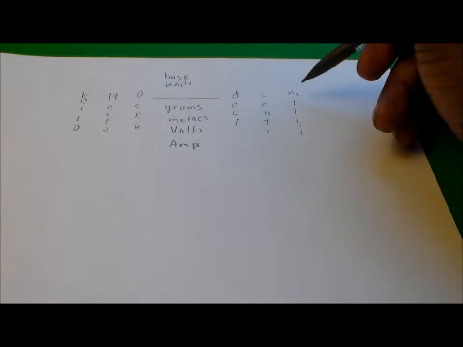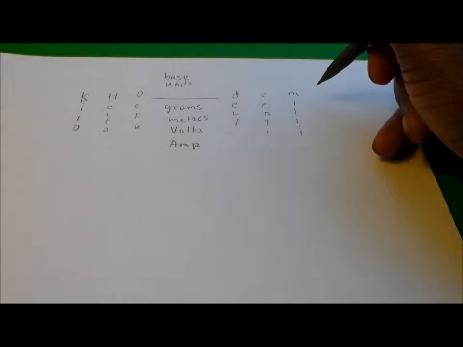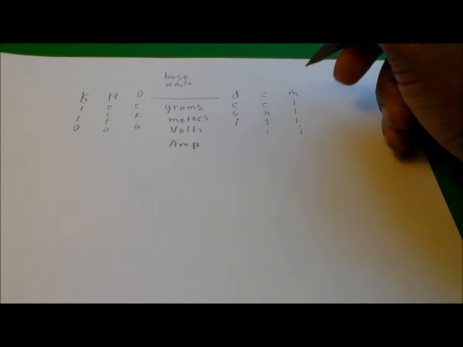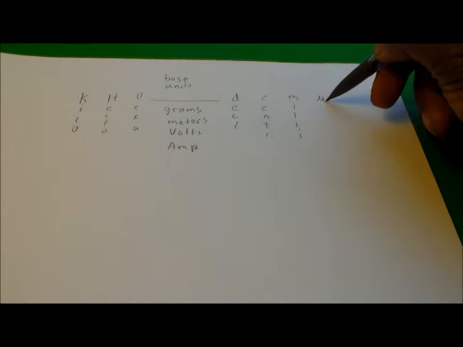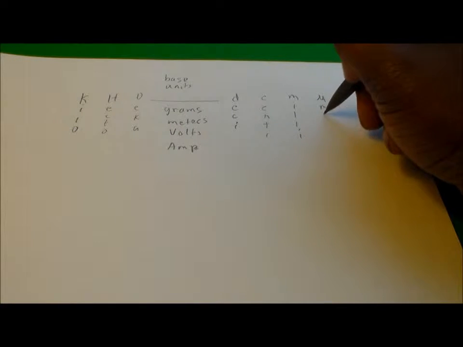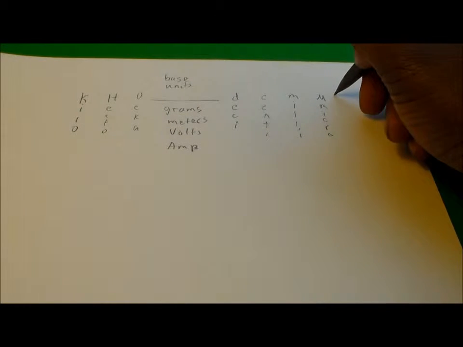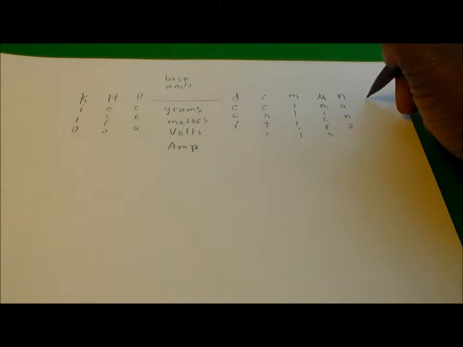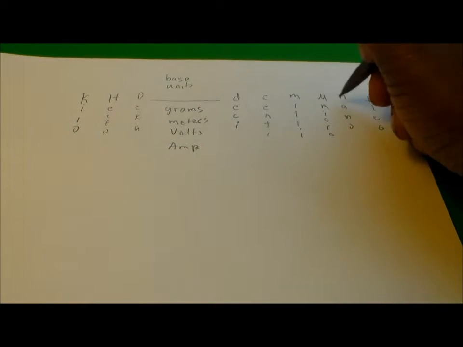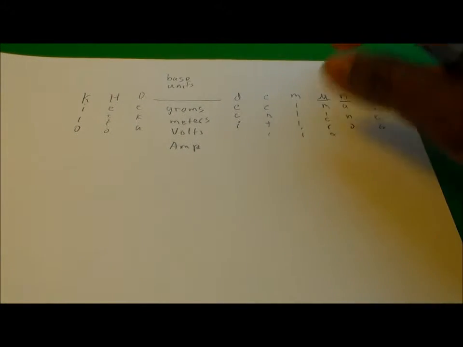Some other prefixes for the units that you may also have are micro, and this is the Greek letter mu over here. You also may have nano, and you may also encounter pico. I'm going to underline these three and I'll explain a little bit.